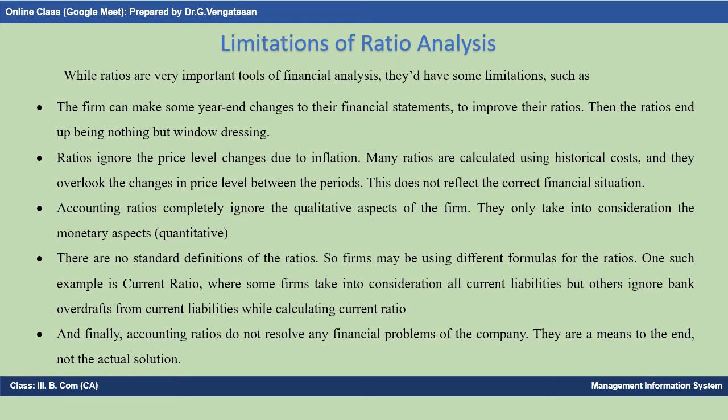And accounting ratios will completely ignore the qualitative aspect because the accounting ratio will always focus on the quantitative one. All the figures that are used under the financial statements will be taken for the ratio calculations. The qualitative ones will not be taken for the ratio analysis.